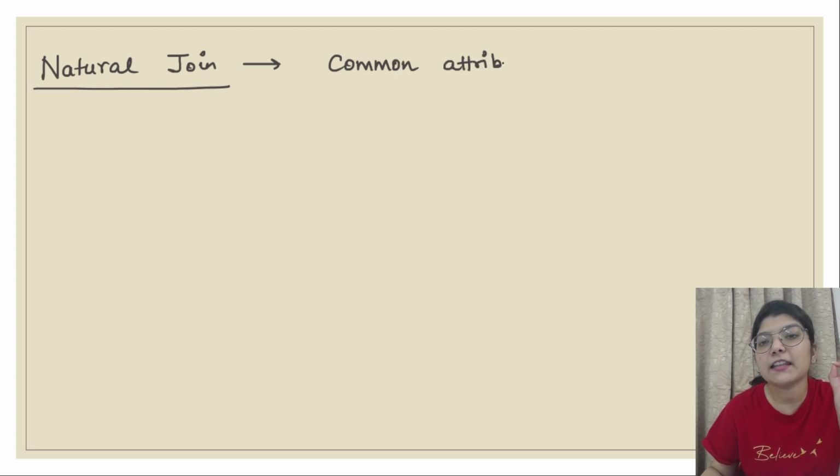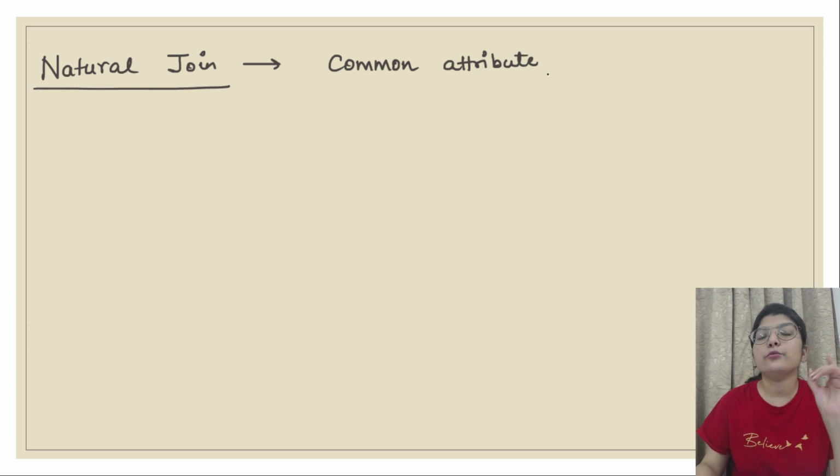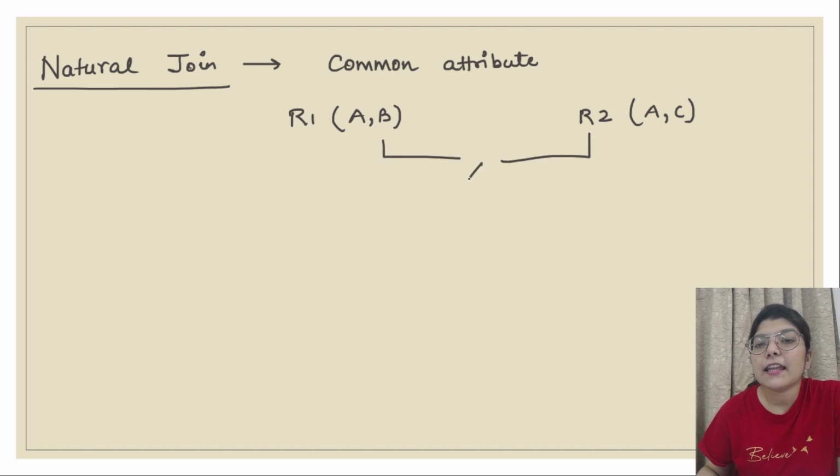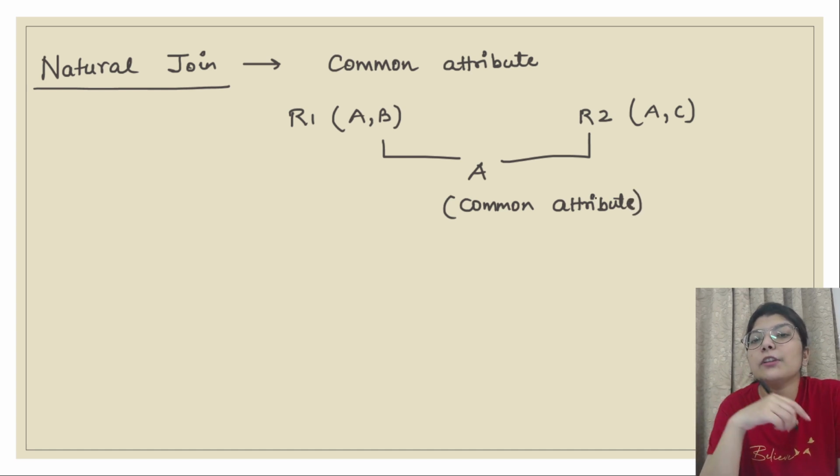If I have to join two relations, suppose R1 and R2, and the attributes of R1 are A, B and the attributes of R2 are A, C, then I can perform natural join because they both have A as a common attribute. I can perform natural join only when I have a common attribute between the two relations.